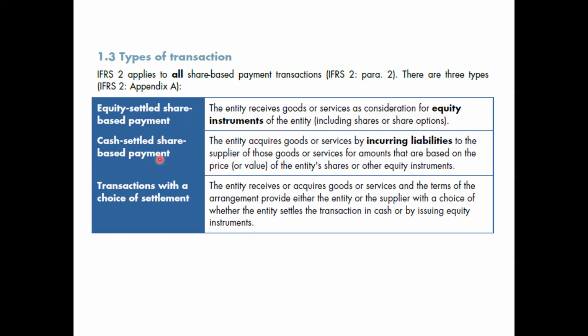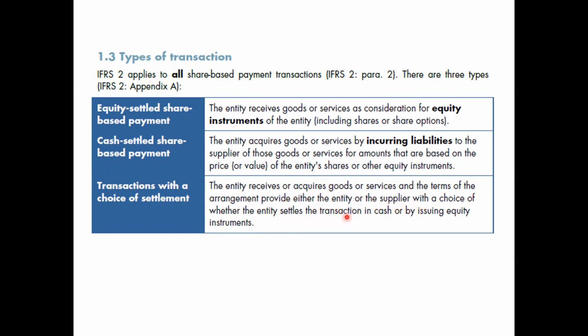For cash settled share-based payments, the entity will have the liability to pay the fair value for shares at a specific date. And when there's a choice, we need to determine who has the choice specifically. If the entity receives or acquires goods or services in terms of an agreement, either the entity or the supplier can have a choice.